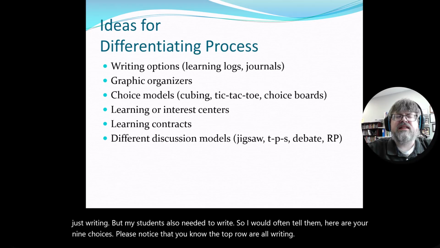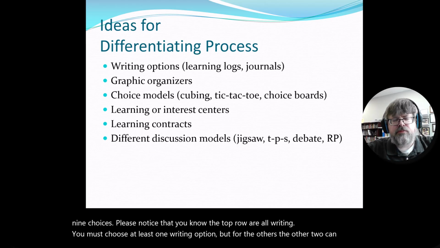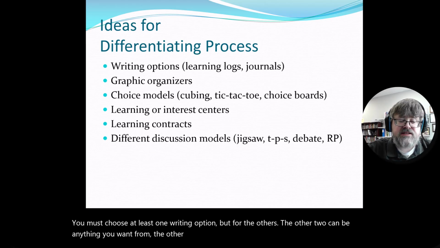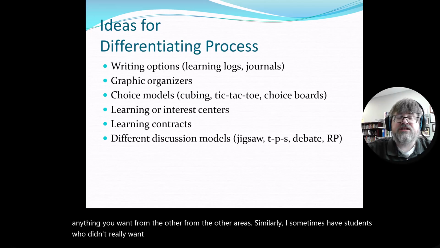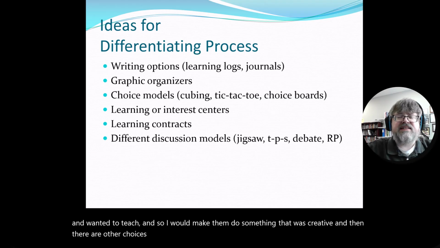You must choose at least one writing option. But for the others, the other 2 can be anything you want from the other areas. Similarly, I sometimes had students who didn't really want to be creative, but creative expression was something I had to teach and wanted to teach. And so I would make them do something that was creative, and then their other choices didn't have to be. So that's a tic-tac-toe board.